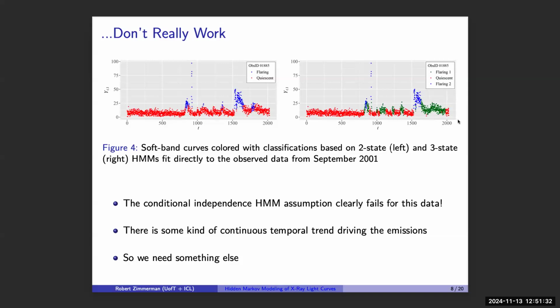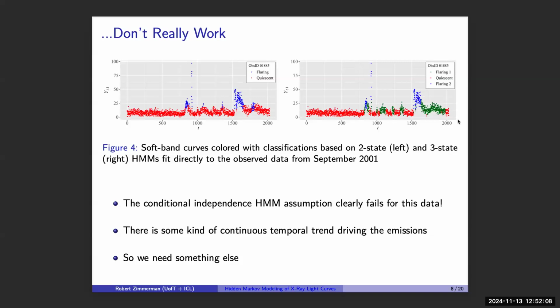So by switching over to the continuous space formulation, it's not that the underlying Markov chain is flaring, quiescent, or whatever, but rather it's this continuous process inside the star. How that determines flaring versus quiescent is left for the stage 2 analysis, but really modeling the observed data, worrying about overlaps of flares in the data is no longer a problem.